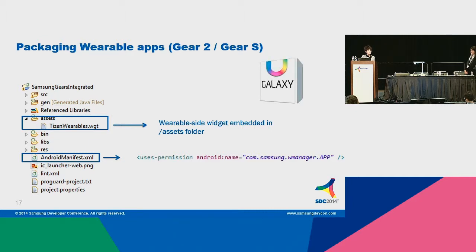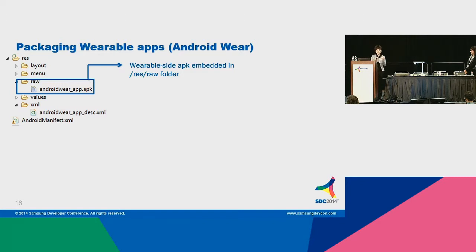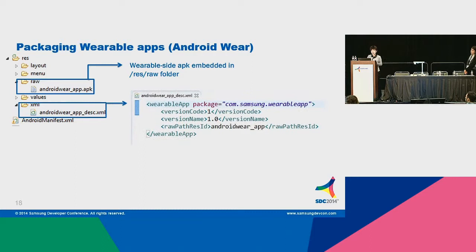Same layout for Android Wear development. You have your Android Wear APK, and you need to copy it over to the resource raw folder of your phone APK. You need to add an Android Wear app description XML file to define your wearable app package name, version code, version number, resource path ID.